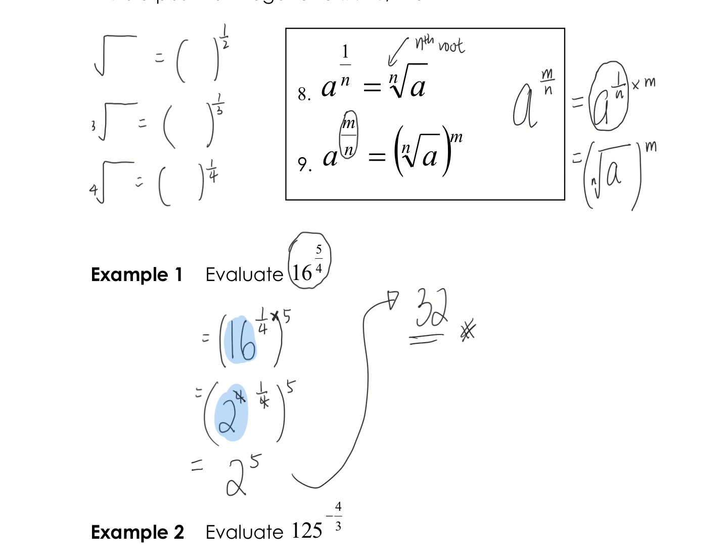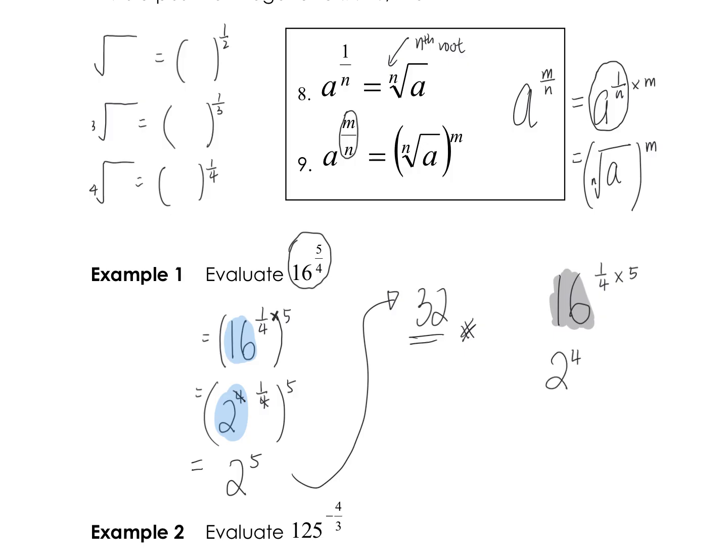Not square root, it's the 4th root. Okay, one more time. First thing first, I don't like to deal with 5/4. So I will split them up as this first. Why? Because I know 16 can be changed to 2 to the power of 4.